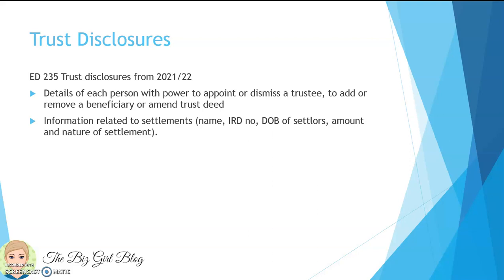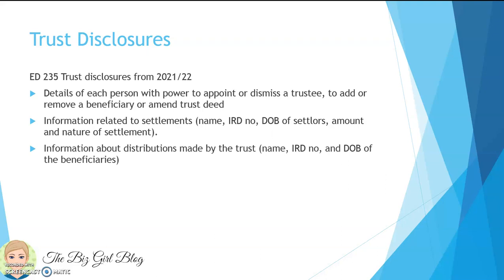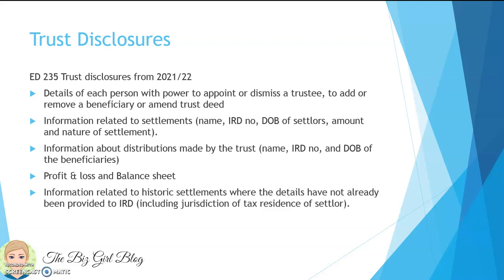So that includes the name of the settler, the amount and nature of the settlements, and also your trust will have to provide a profit and loss and balance sheet. So all settlements and distributions need to be disclosed.